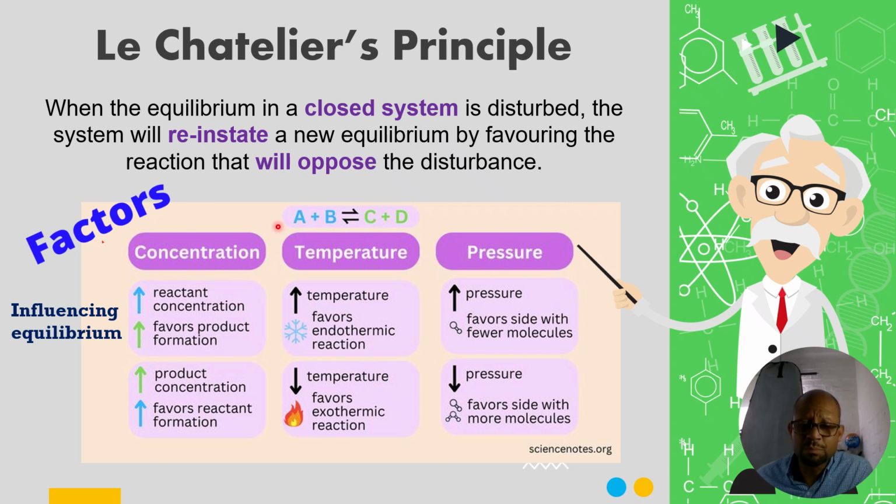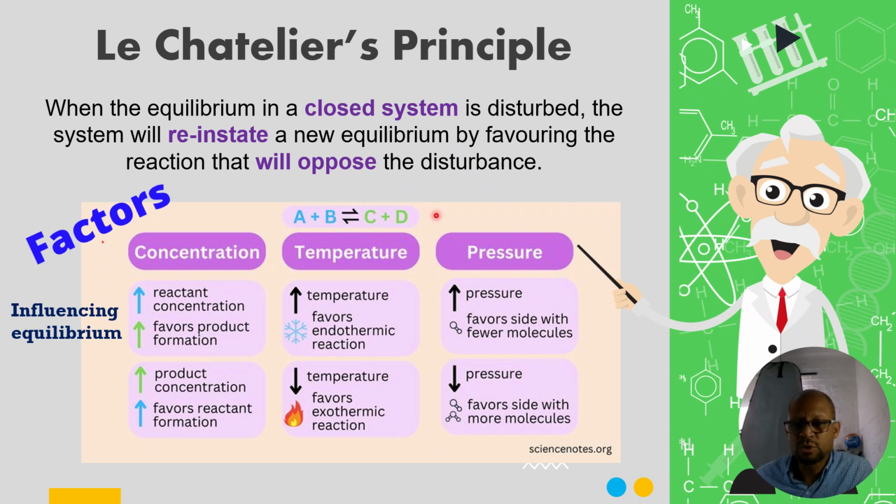What will happen is, by increasing the concentration of the reactants, the system will react in such a way as to decrease that particular factor, in other words, use up that increase in the concentration, and in that way produce more products. And in doing so, it reestablishes a new equilibrium. So do take note of that. If we're going to increase the product concentration, then the opposite is going to take place.